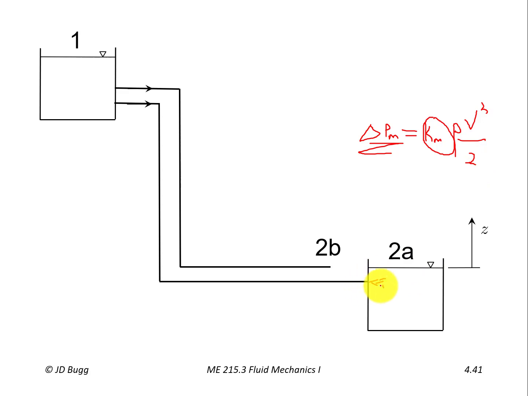Well, that's exactly what's happening at a sharp-edged entrance. All of the kinetic energy is being lost. So in fact, in this case, the flow rate through these two things would be exactly the same. Okay? So think about that for a moment. Go back and take a look at the system equation if you're having trouble with that. But I think you'll see that the flow rate at the end of the day is the same in these two cases.